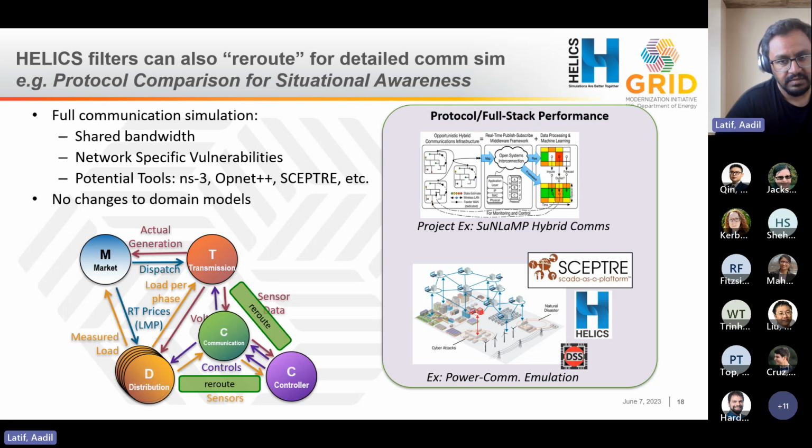Communication simulators are typically used to check for vulnerabilities. In most power system use cases, use of a communication simulator is overkill. So you can get away with using Helix filters for most use cases that you want to look into, say packet drop or delays in communication, right?